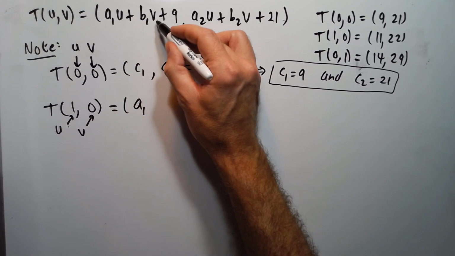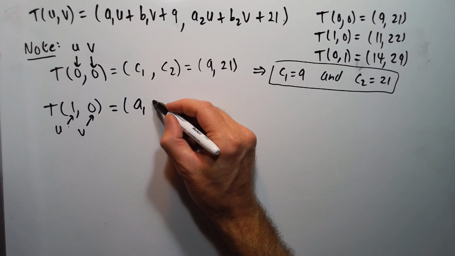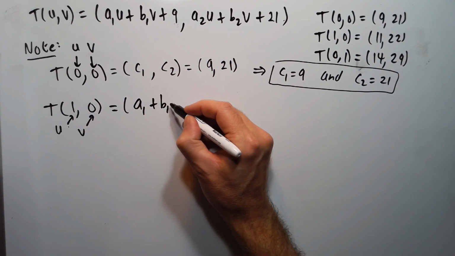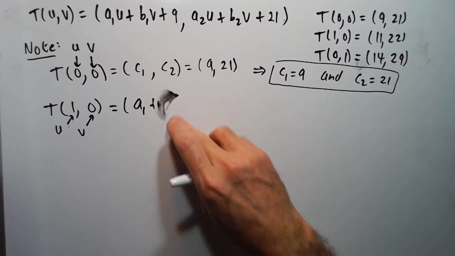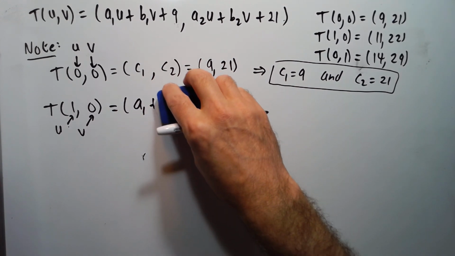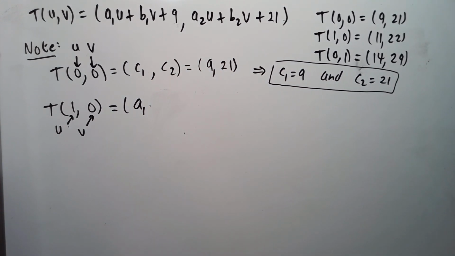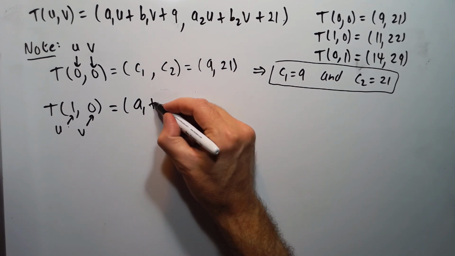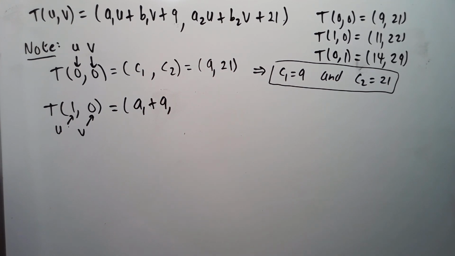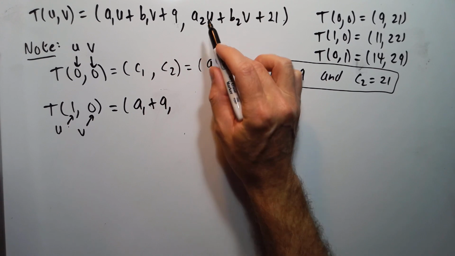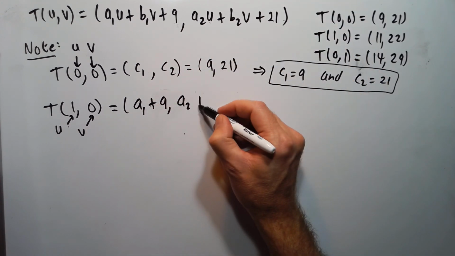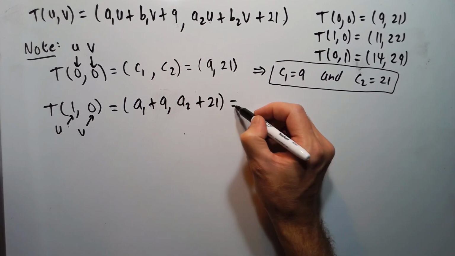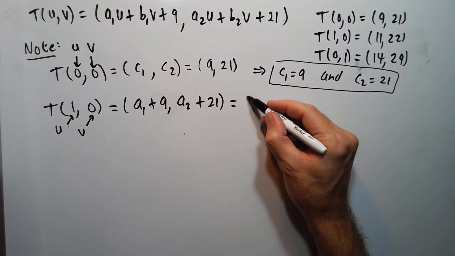Putting 0 in place of V, that would be gone. I can write a V1 times 0 if you want. So I'm going to take it away. So it'd be plus 9, comma. So putting 1 here in place of U would be A2. Putting 0 in place of V would be gone, and be plus 21. That has to equal now (11, 22).